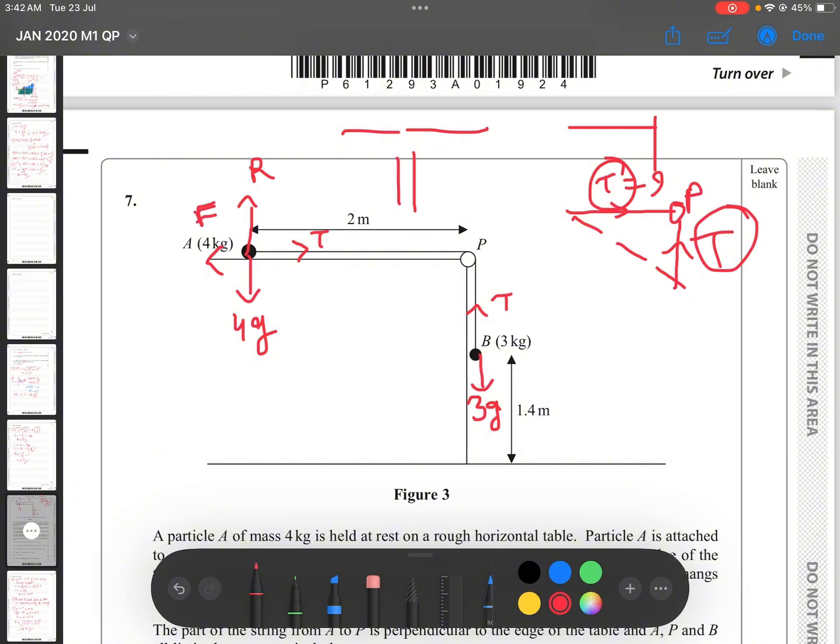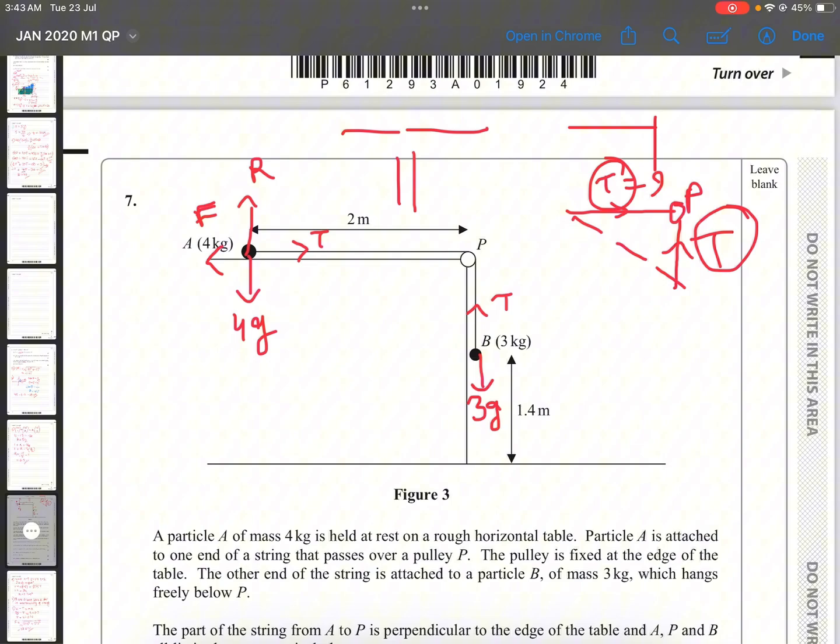As ball B falls down, that proves that the tension is greater than the friction provided. So we can create the equation: resultant force equals MA, that is tension minus the friction will be equal to MA. Alright, so we will continue with this down.